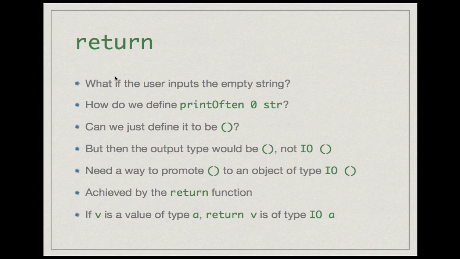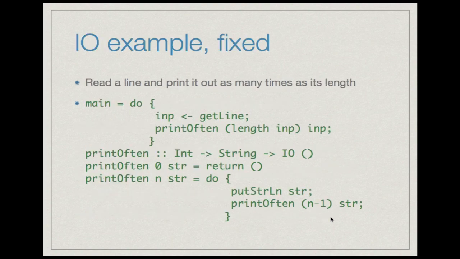The return function, or the return action, takes v, which is a value of type A, and produces an action of type IO A. If v is a value of type A, return v is of type IO A. With this, we can fix the earlier example as follows. main equals do, getLine and bind it to input, printOften length input.